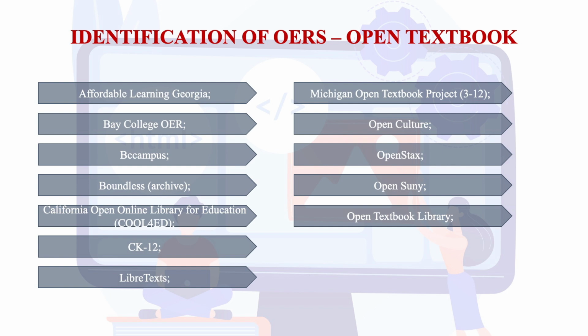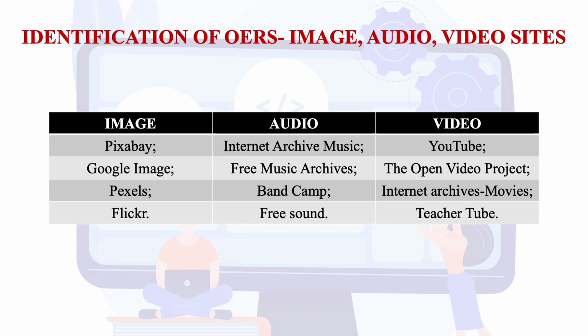Now I would like to give a brief information about the OERs which are in image form, which are in audio form and in video form. The open educational resources which are in image form, they are available in Pixabay, Google Image, Pexels, Flickr, etc. So these are some of the websites which will help you to take images without any permission.